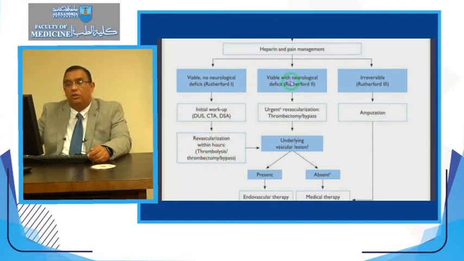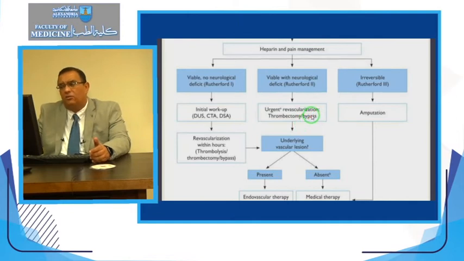Stage 2 is the main stage of intervention, Rutherford 2, either 2A or 2B. We do urgent revascularization with thrombectomy or bypass. Usually we do only ultrasound and don't do CT angio or other investigation, because this patient is diagnosed easily and it is a critical condition, so the time factor is very important for intervention.